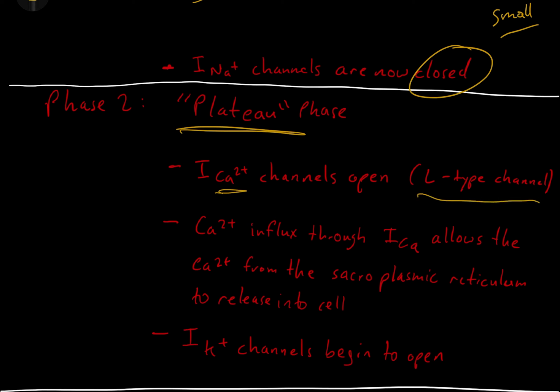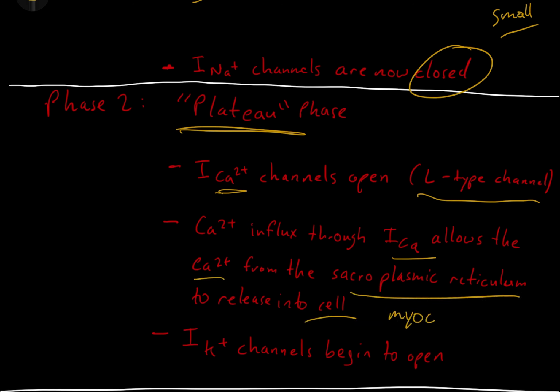And another thing I should probably mention are these are L-type channels, and this does matter because this is unique to the myocytes as well. It's just a different type of voltage gated ion channel. And then that calcium influx through the calcium channels will allow the calcium to come in, basically unlocks and triggers the calcium to release from the sarcoplasmic reticulum and then release into the cell.